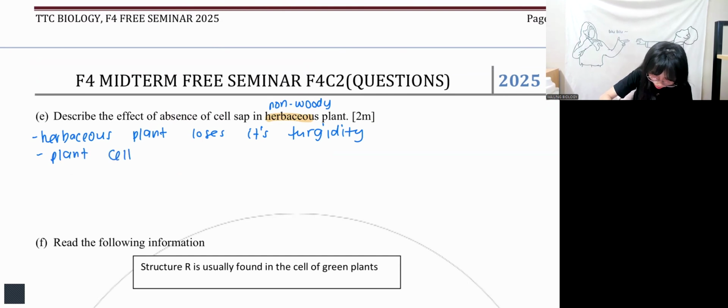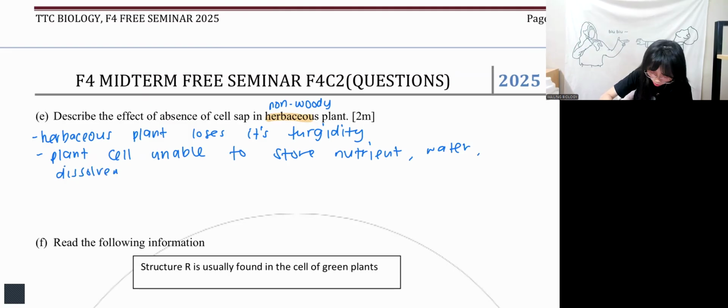Plant cell unable to store nutrients, or you can write water or dissolved gases. Or you can say unable to provide support, also can. So again, the question says absent, so you're going to write negative answer. Unable to maintain turgidity also correct. Loses its turgidity also correct.